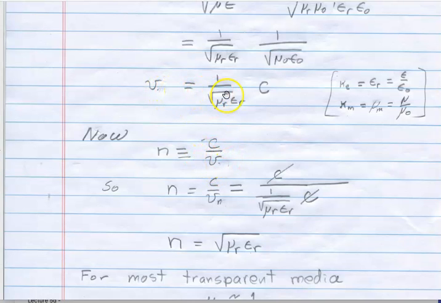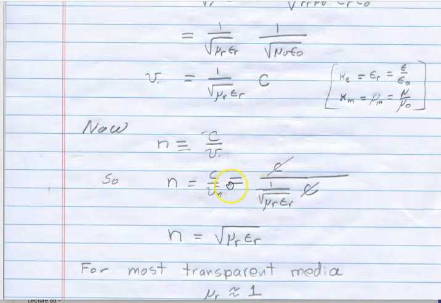Now we've got the speed of light in the medium given by Maxwell's equations as related to these constants of the material. So I just substitute this in for Vm, the velocity in the medium. The c's go out, and the square root flips over on top.